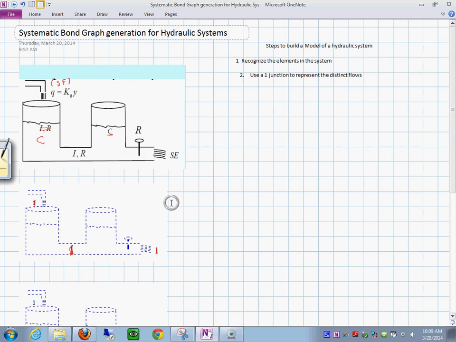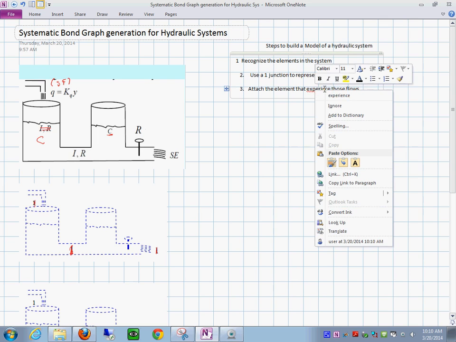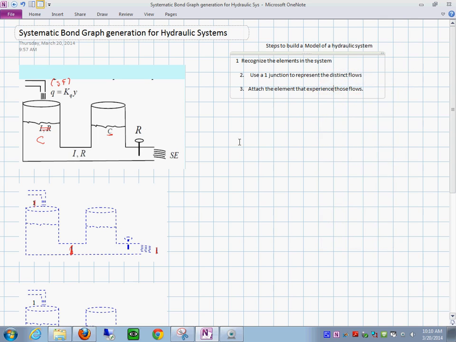So what are we going to do? Step number 3. Step number 3, we're going to say attach the elements that see those flows. Okay, so what elements do we want to attach?